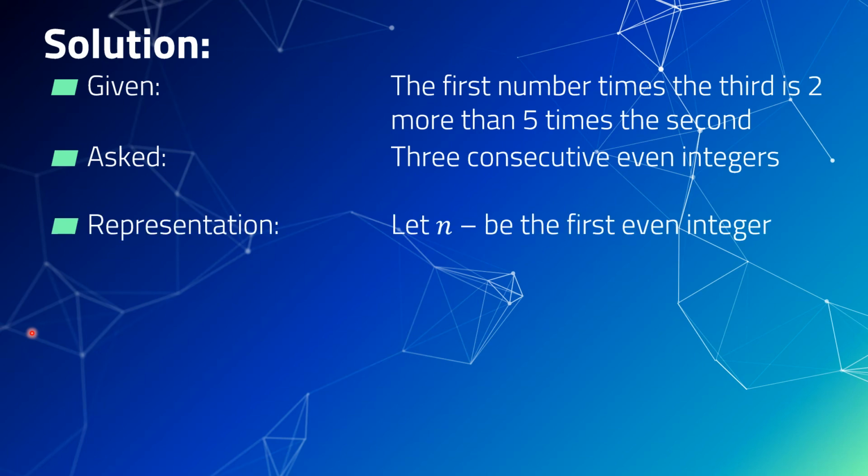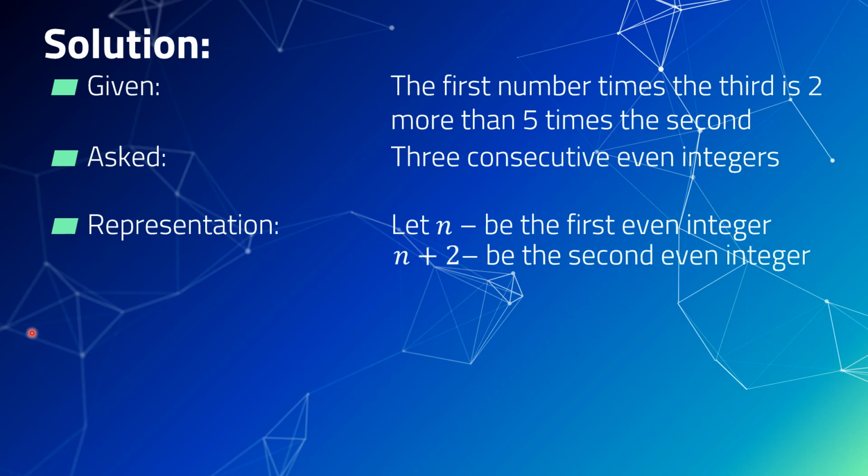Okay, the first one is n. That is our first even integer. So, if n is the first even integer, what will be the second even integer? Take note that if 2 is the first even, the next one is 4. Their difference is actually 2. Therefore, to get the next even integer, we are going to add 2.